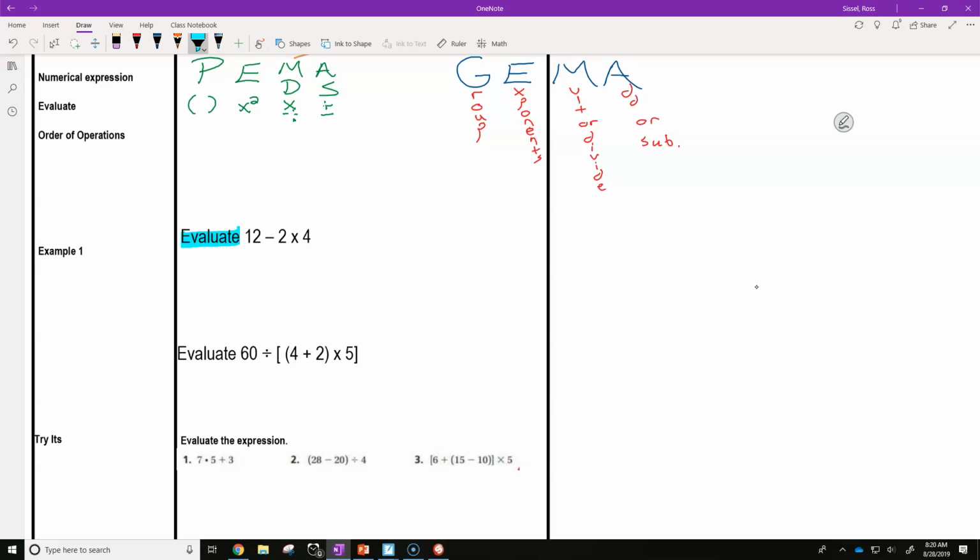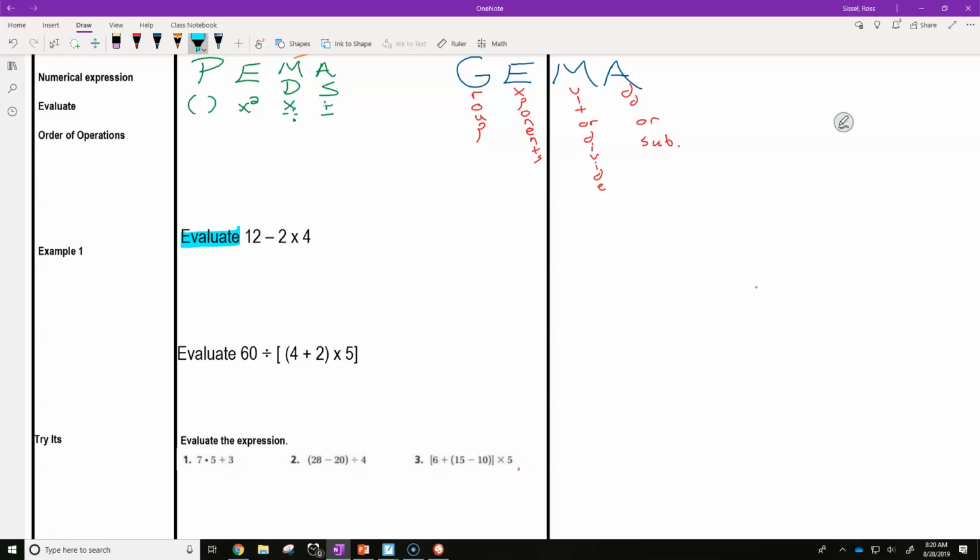You can tell me, what's evaluate mean again? Kind of explore. It's part of it. Answer. Mainly it means answer. Evaluate means to solve for it.